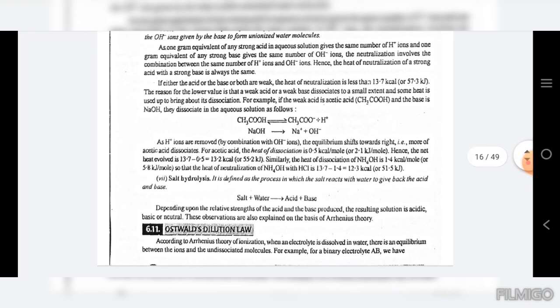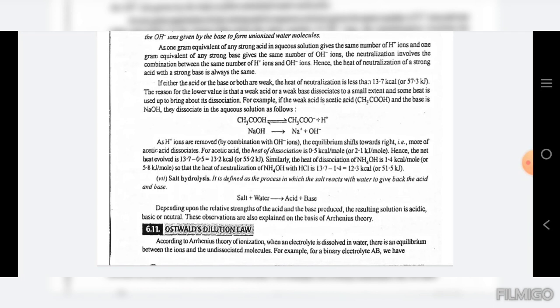As 1 gram equivalent of any strong acid in aqueous solution gives the same number of H+ ions, and 1 gram equivalent of any strong base gives the same number of OH- ions, the neutralization involves the combination between the same number of H+ ions and OH- ions. Hence, the heat of neutralization of a strong acid with a strong base is always the same.